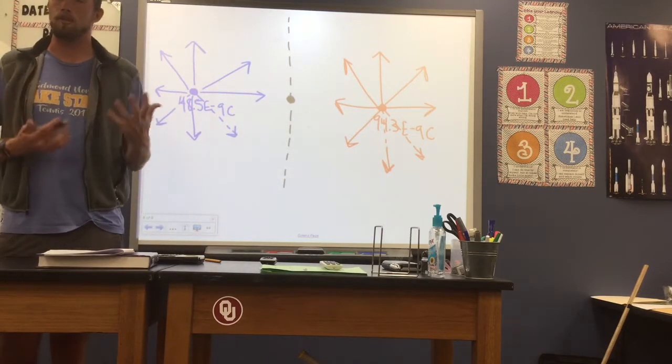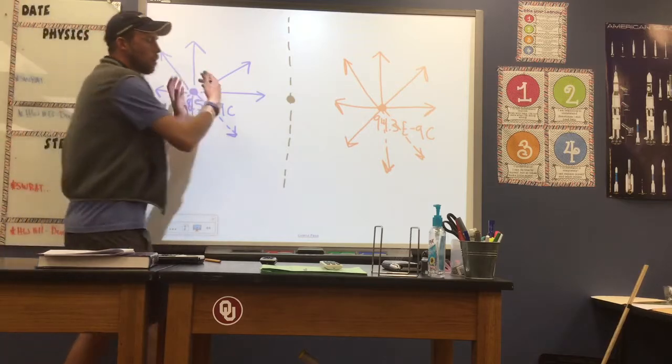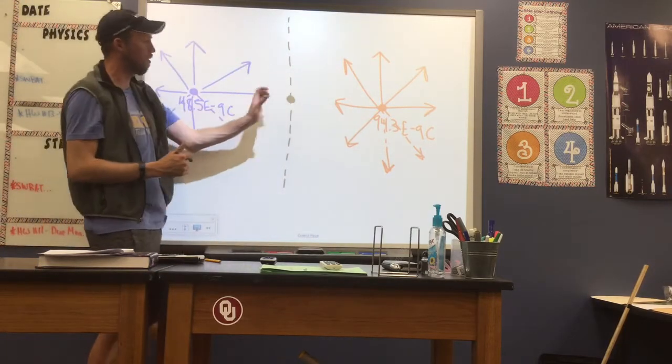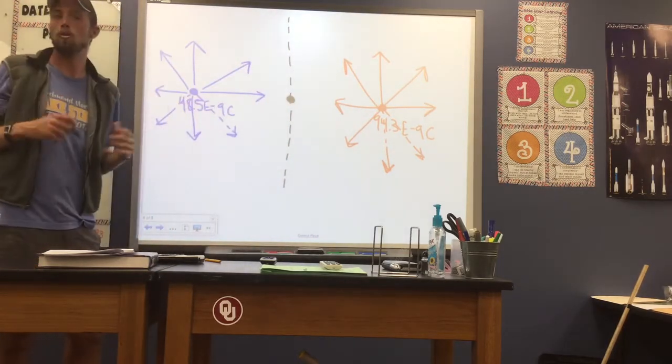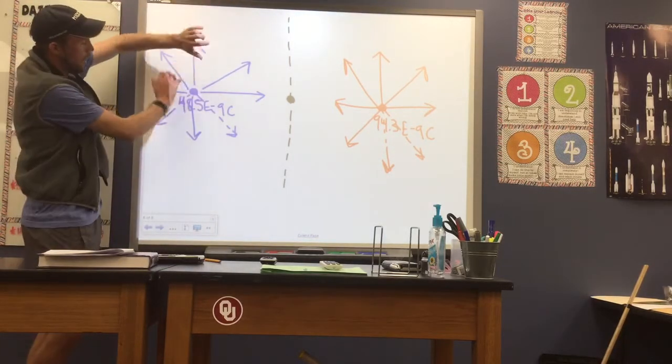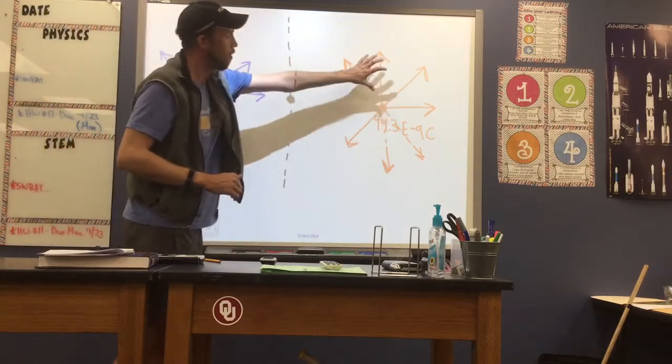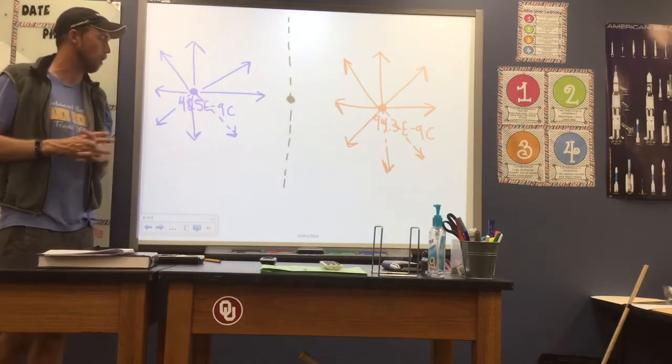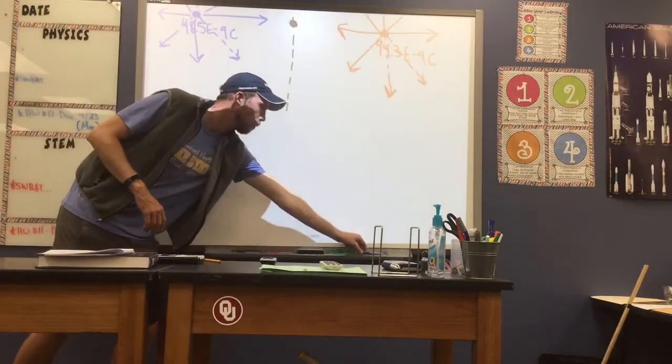One is greater than the other. So we're going to start by solving for the field from our blue charge as well as the field from our red charge, and then we're going to compare those two. So we'll start with our blue charge.